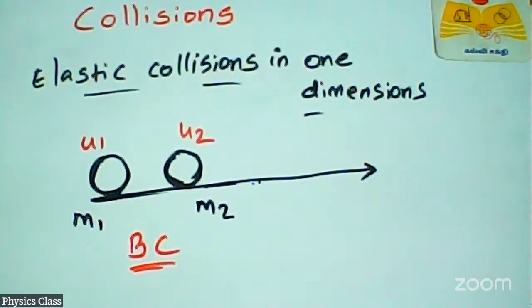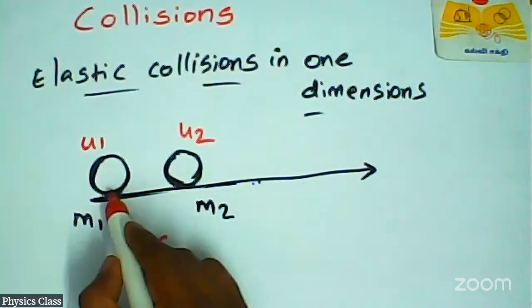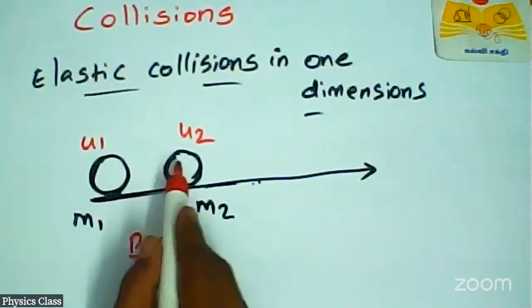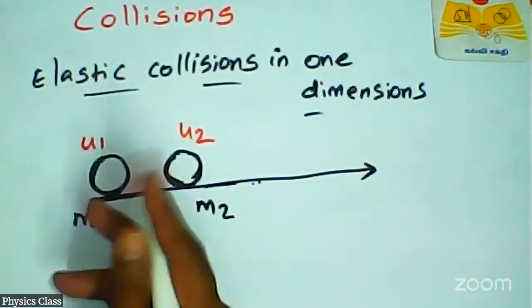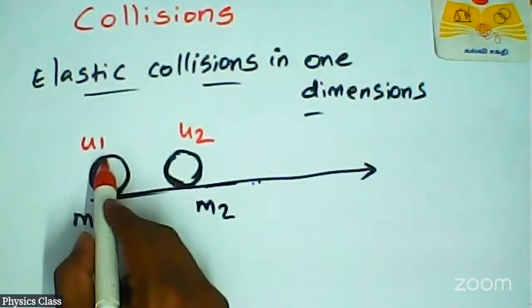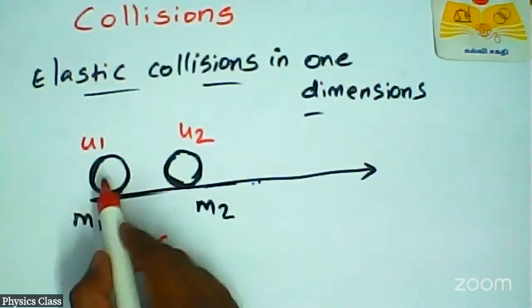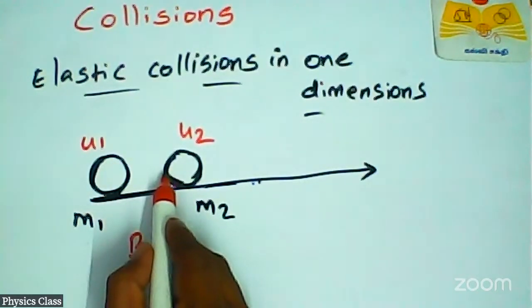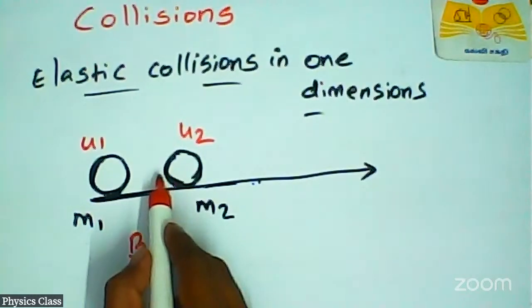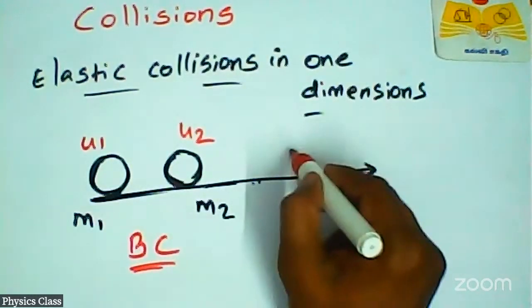After traveling in this direction, these two objects will collide, because the speed of this object is greater than this one. So this object will go here and collide with this object, at a later time.